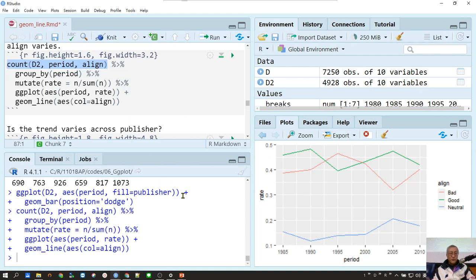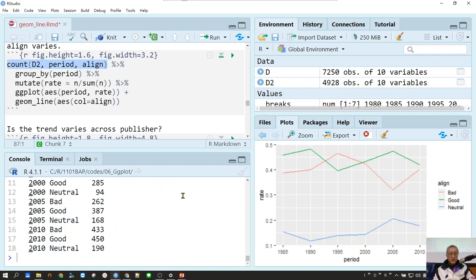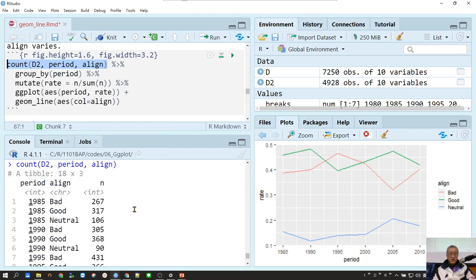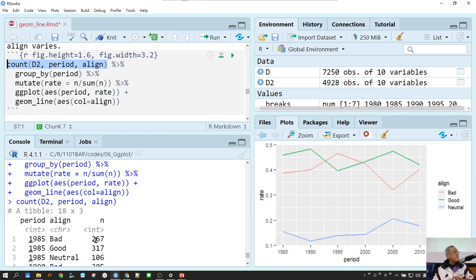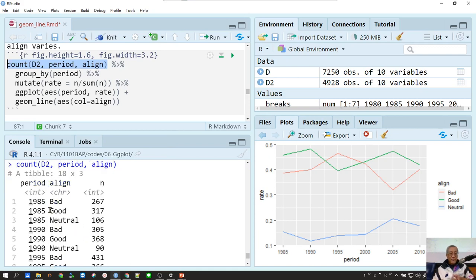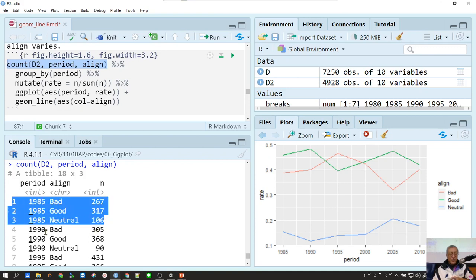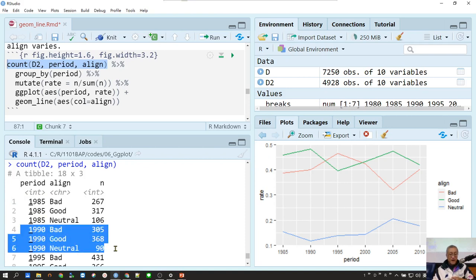So after this, what would we see? This is what we see. For every period, every line, we will have a number. This is for 1985, and then we have 3 rows in 1990. Every year we have 3 rows.